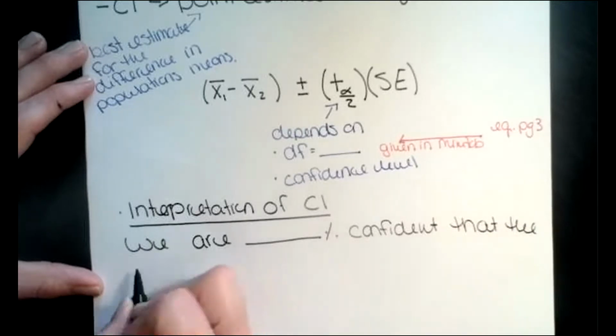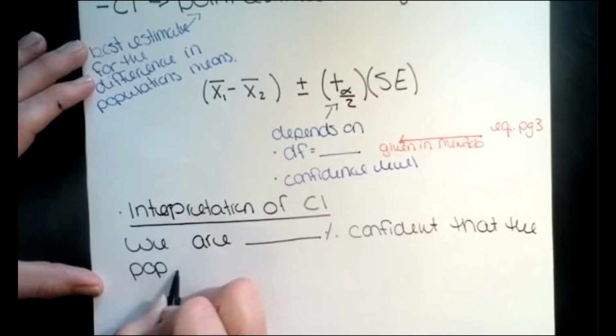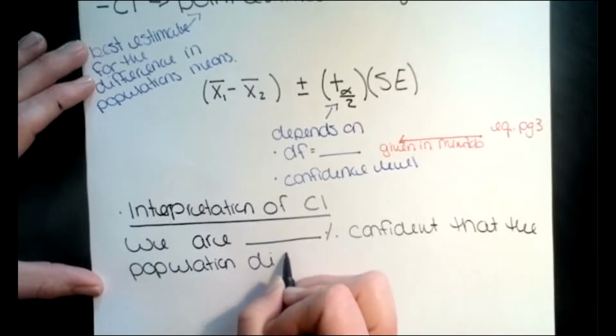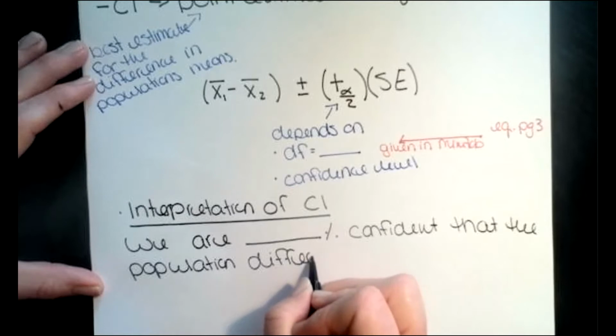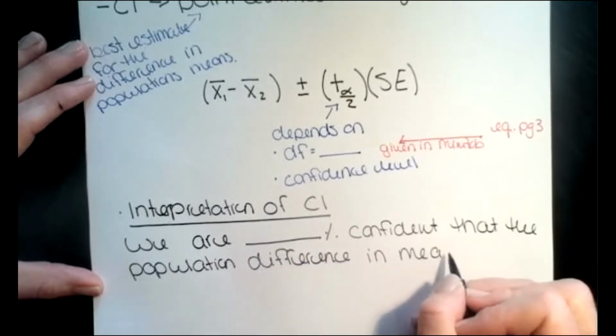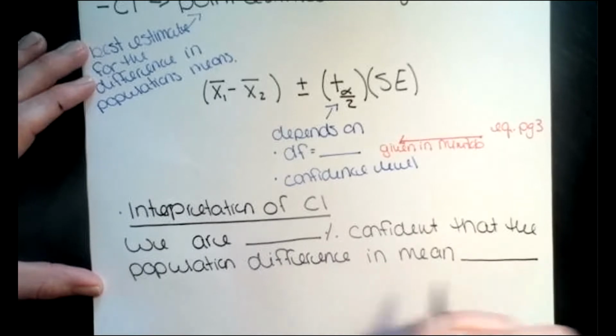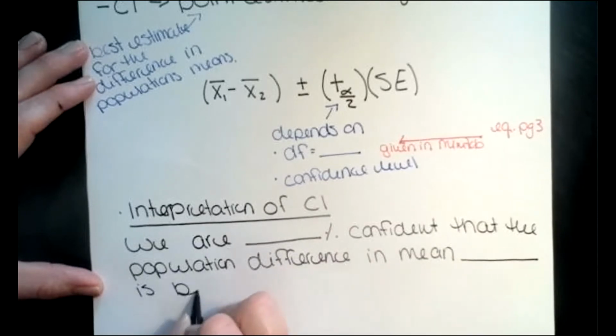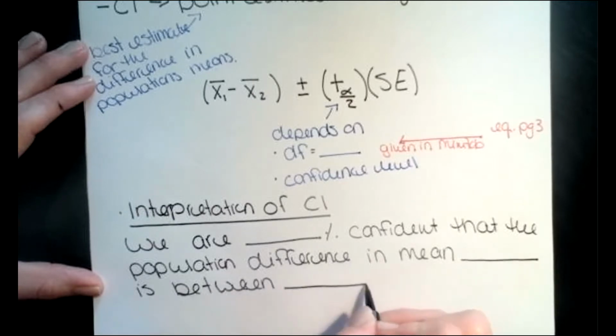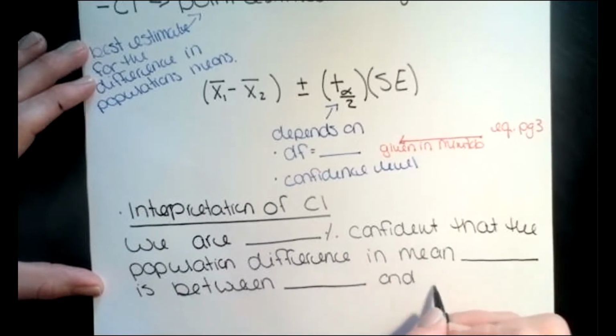That the population difference in mean, and then you're going to fill in with your variable, is between your lower and upper bound.